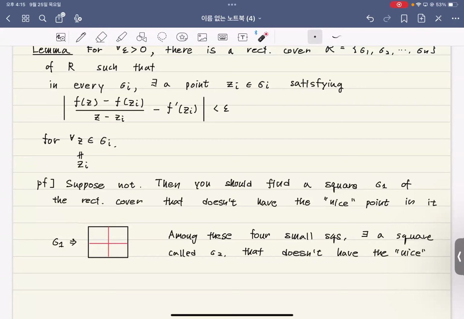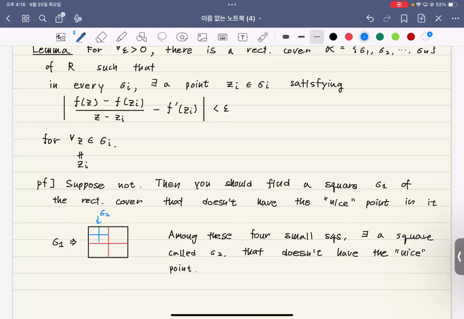By nice point, I mean a point satisfying this inequality. Once you have chosen sigma 2, I can do the same thing. I can subdivide sigma 2 into another 4 squares with the same dimensions. Among these 4 small squares, I must be able to find at least one square that doesn't allow such a nice point, right?